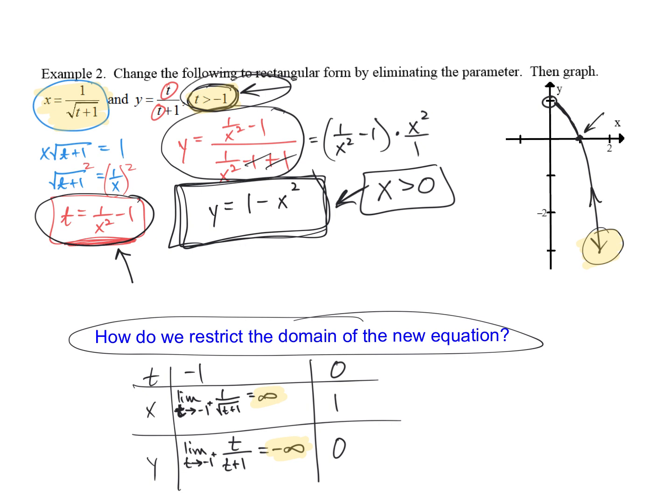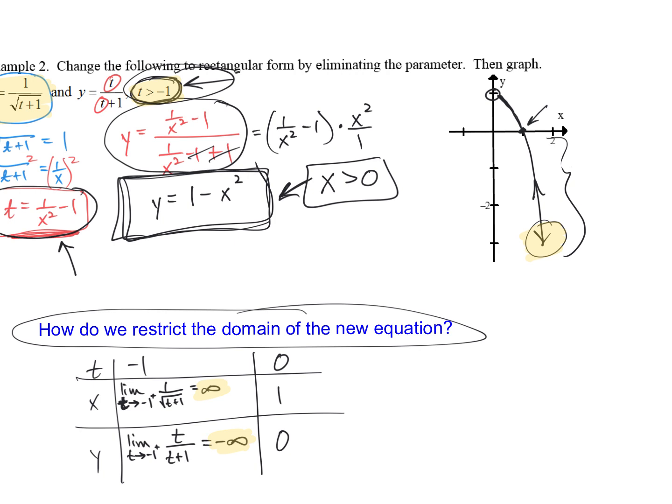What's really weird is all the numbers from where t was between -1 and 0 gave us this section up here. This was -1 to 0, all those values. And then this is the point right there when t equals 0.